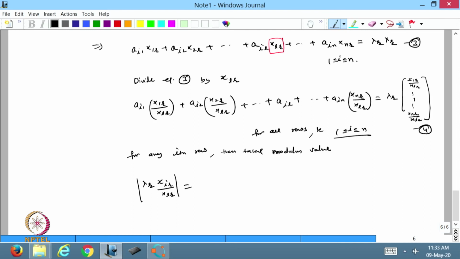This can be written as again, so this is a_I1 x_1^r over x_L^r. So, this is I have taken for any ith row, up to a_In x_n^r by x_L^r modulus.